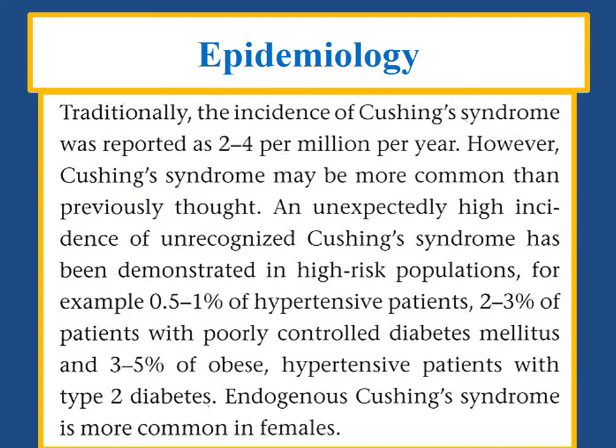For example, 0.5 to 1% of hypertensive patients, or 2 to 3% of patients with poorly controlled diabetes mellitus, and 3 to 5% of obese hypertensive patients with type 2 diabetes. Endogenous Cushing syndrome is more common in females.